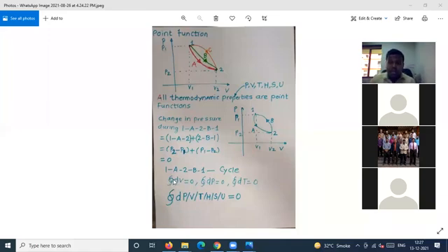The circle indicates cyclic, and this symbol indicates integral. So the cyclic integral of whether it's volume, pressure or temperature is equal to 0. Is that okay? The same thing is applicable whether it's pressure, volume, temperature, enthalpy, entropy, or internal energy.